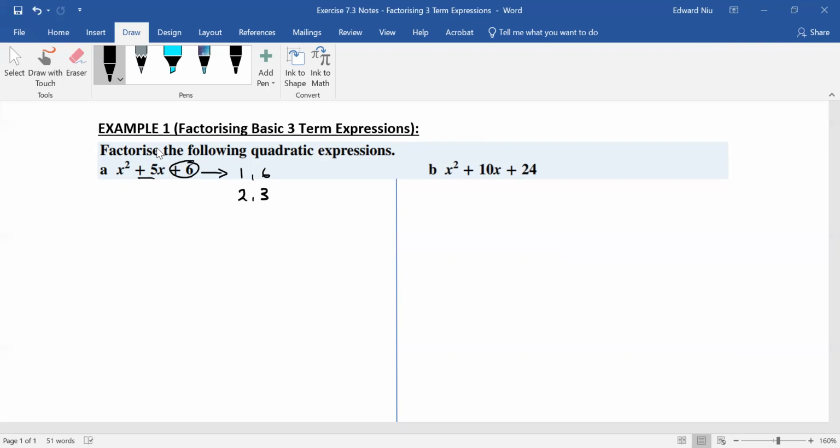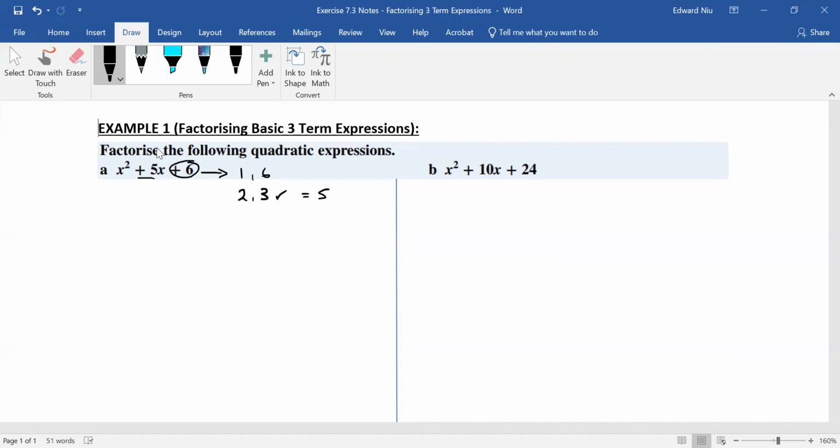Now, 1 times 6, if we add them together, 1 plus 6 gets us 7, so it doesn't equal the positive 5 that we need. 2 plus 3, however, does equal 5, because 2 plus 3, basic elementary addition, adds up to 5.